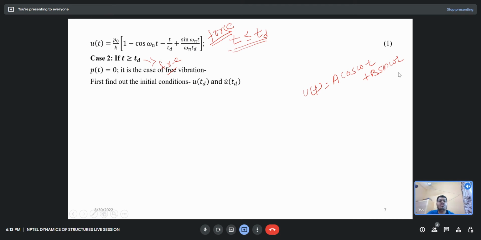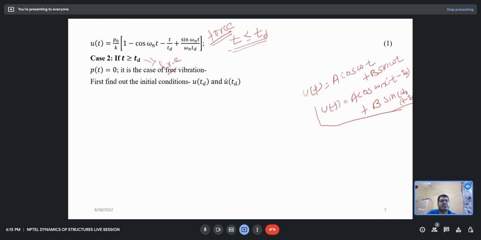Also, if I consider the time lag after td, that is the response after td, so the response u(t) would be a cos omega n (t minus td) plus b sine omega n (t minus td). That is my response for this case.